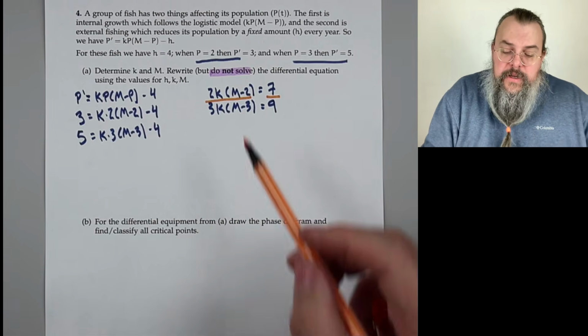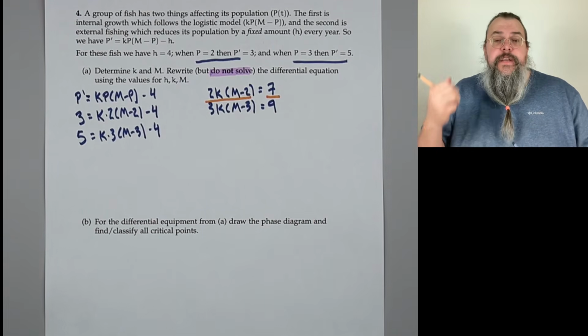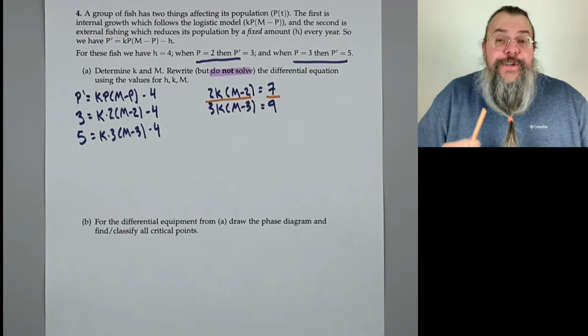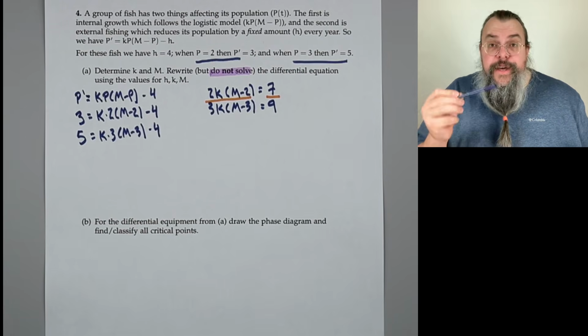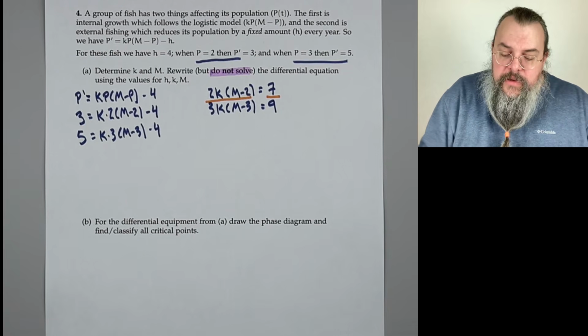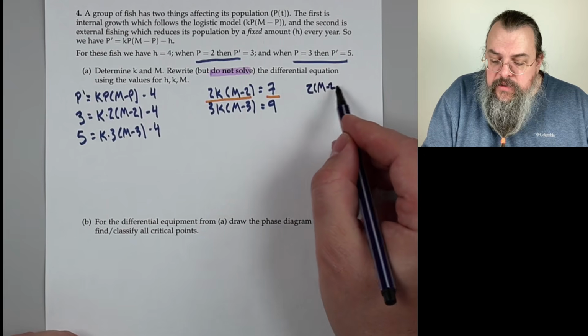Why? Well, because that will eliminate a k. Really, your goal is when you have two equations, two unknowns, how can I get that to one equation, one unknown? Because that sounds a lot easier. Because it is.